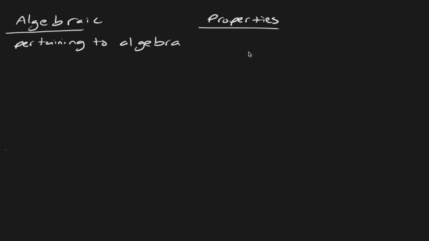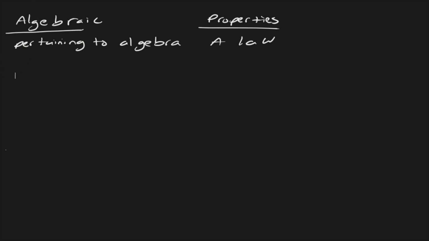In mathematics, properties is basically a term used to define a law. So in other words, you can define algebraic properties as laws pertaining to algebra.